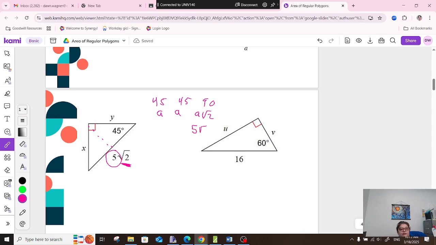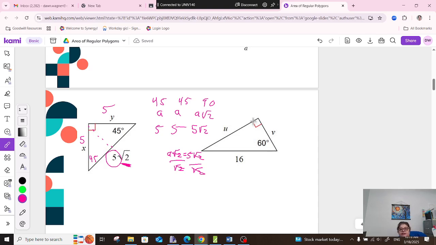Because if a square root 2 equals 5 square root 2, if I divide, we just get 5, right? So this is just 5. You didn't even have to show that work. If you recognize that this was a 45, 45, 90, and across was 5 square root 2, you should have been able just to look at it and go, oh, 5 and 5, right? That was the goal of teaching these, that we didn't have to always do math, that I could look at a triangle and figure it out fast and easy.